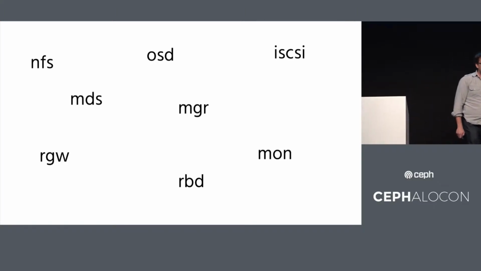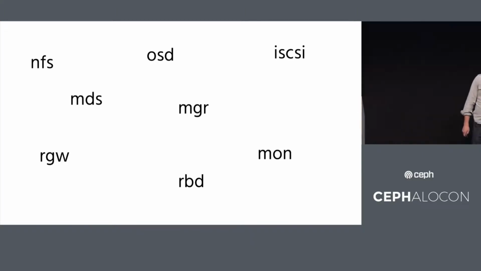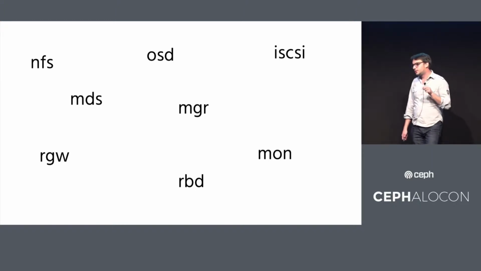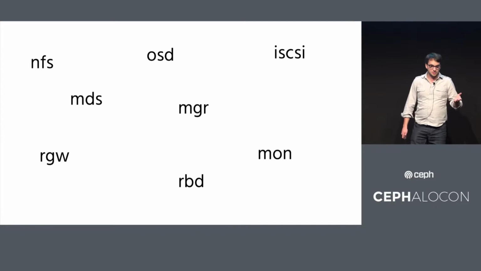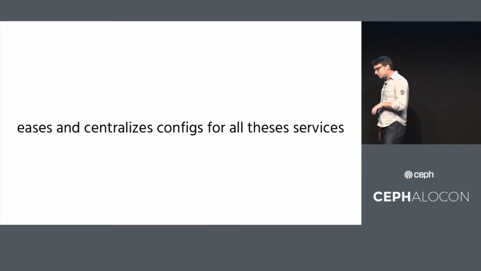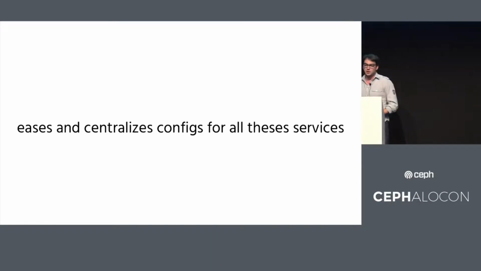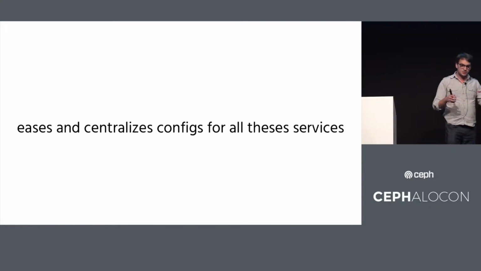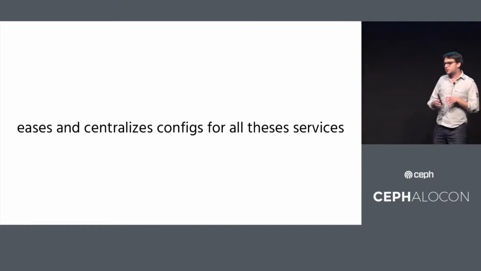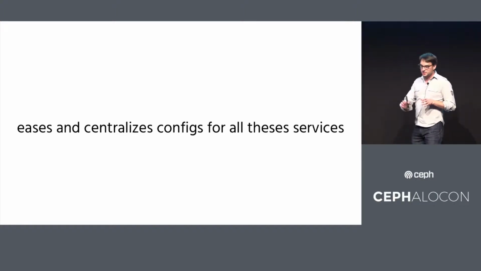Again, there are a lot of components. They throw a lot of logs at you, but you also need to configure them almost individually. So using a configuration management tool makes things easy, and it also centralizes the configuration in one place, so you can easily review it and update it.